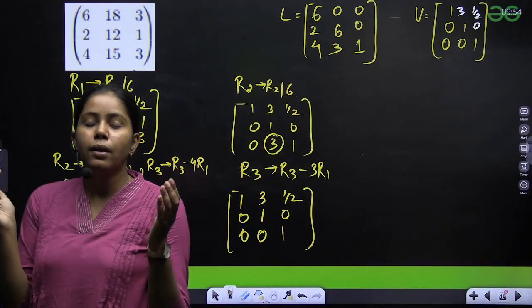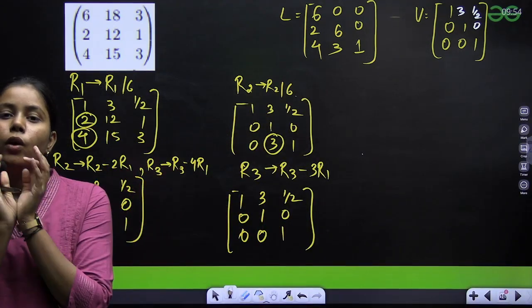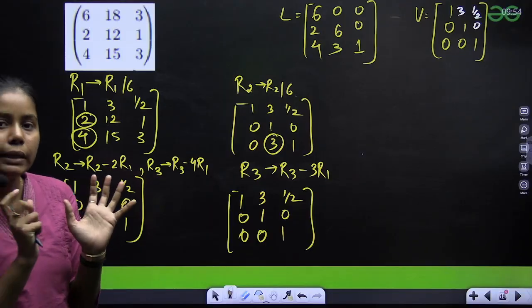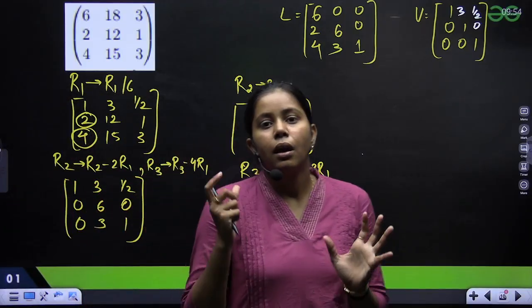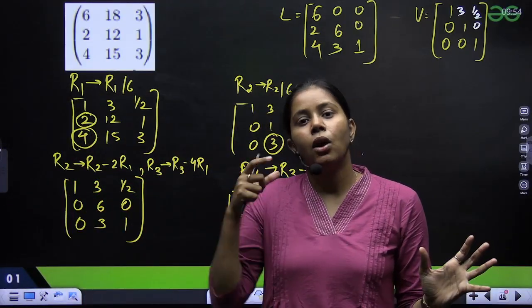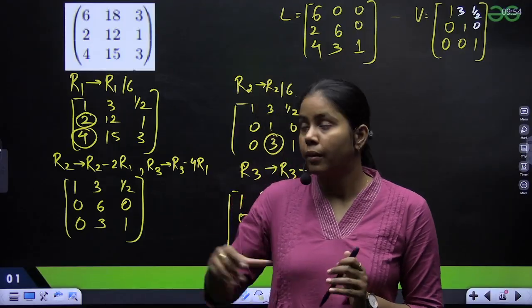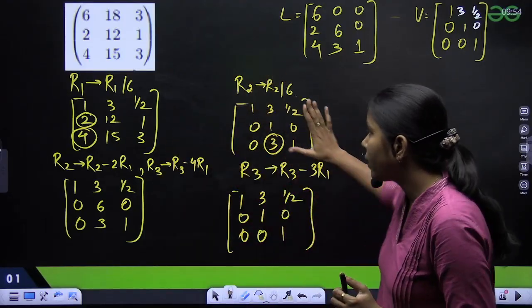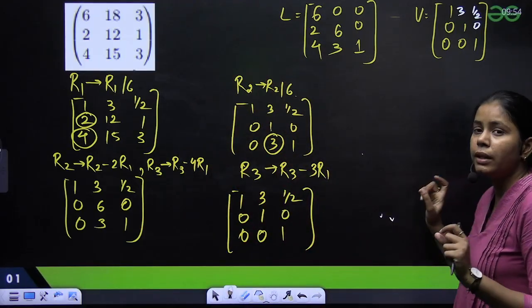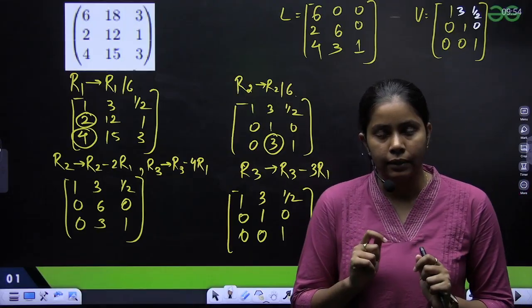So by row reducing a matrix, you can form any LU decomposition, with either lower triangular diagonal entries as one or upper triangular diagonal entries as one. But with the diagonal entries of U as one, it gets a little lengthy to solve, right?